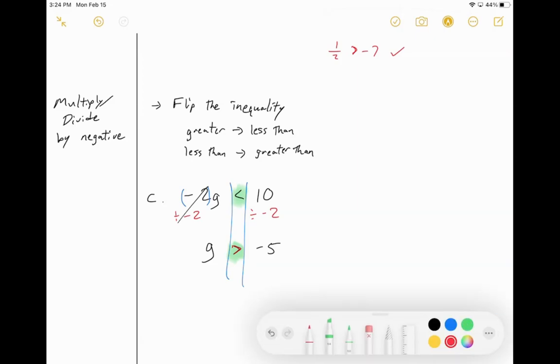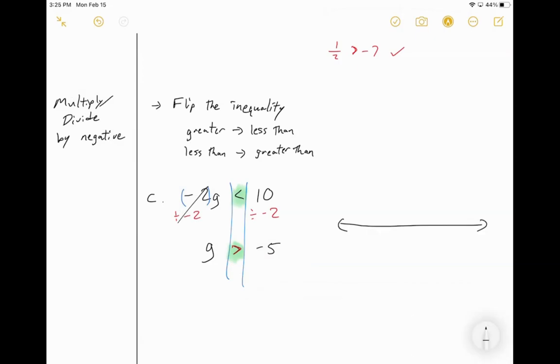Let's go ahead and graph it. Here we go, negative 5 right there in the middle. There's no equal to sign, so it's going to be an open dot. We see that it's greater than, so it's going to go this way. Let's check it. Let's just try a number here. How about negative 3?